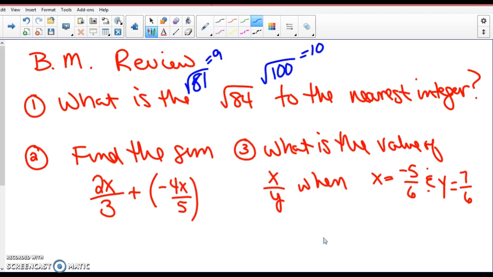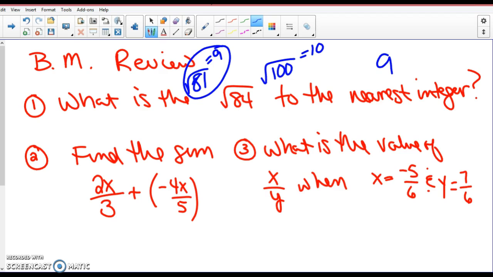So the 2 perfect squares that 84 is located in between are 81 and 100. Which one is it closer to? 9. Because it is only 3 away from 81. So it would be closer to 9.